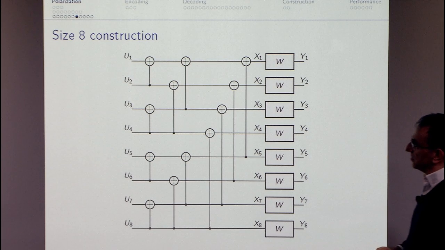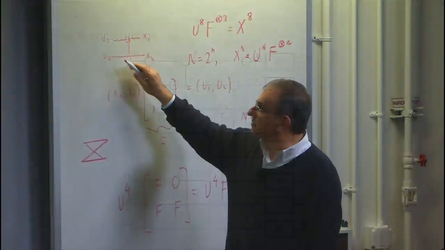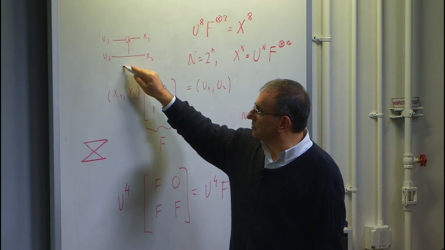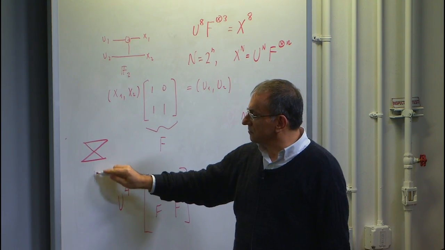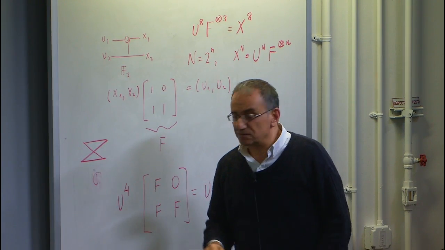In the FFT transform, we have operations over the real number field, and we have a basic butterfly. This is the butterfly in the case of the polar transform. It's over the binary field. FFT is over the complex field, more precisely.